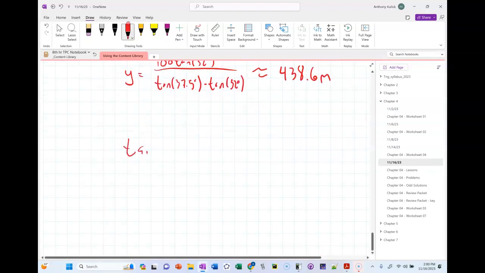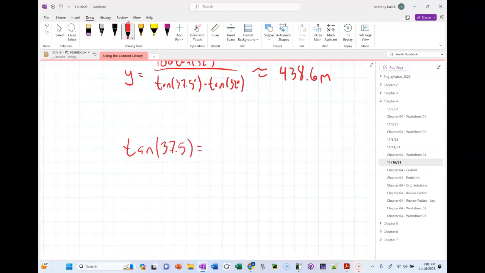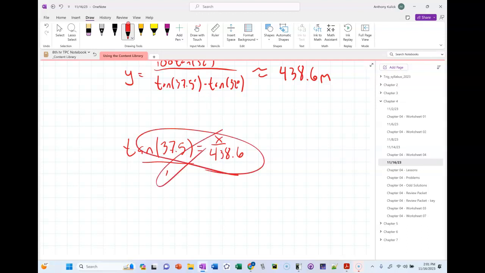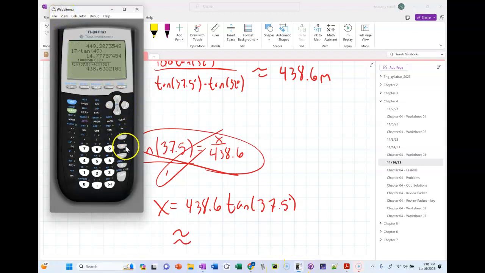So we can say tan 37.5 equals x over, and instead of y, I'm going to type in 438.6. Do my cross multiply. And then it's just calculator time. So I'm going to take that answer that I just got and multiply it by tan 37.5.